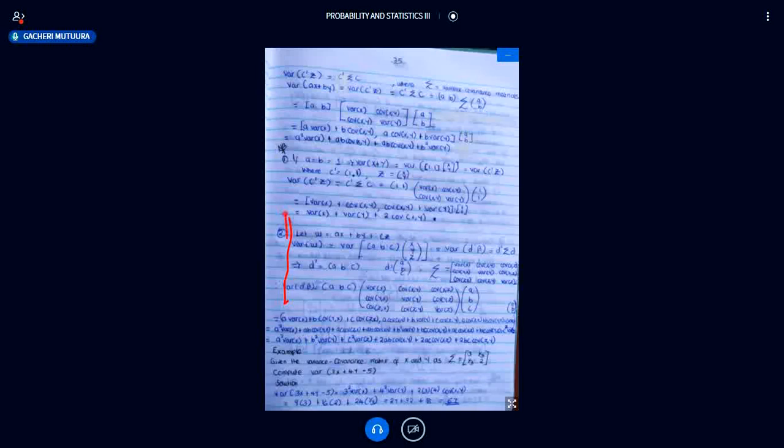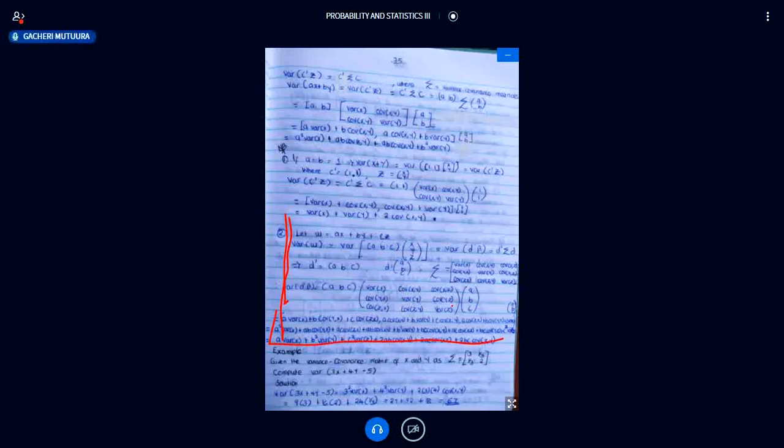So you can see how that was extended. It's still the same thing. You see the variance covariance for 3 variables. We have the variances on the leading diagonal. The covariances are there. So for 3 variables, you will have to get the variance of X, variance of Y, variance of Z, and then the various covariances. Actually, you'll just need the covariance of XY, XZ, and YZ. That will be enough. After you get those covariances and the respective variances, the expansion is as shown there.